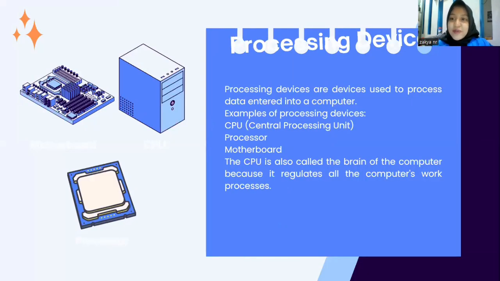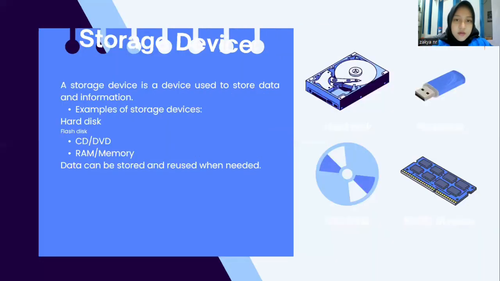What is a processing device? Processing devices are devices used to process data entered into a computer. For example, CPU, or central processing unit, and then processor, motherboard. The CPU is also called the brain of the computer because it regulates all the computer work processes.